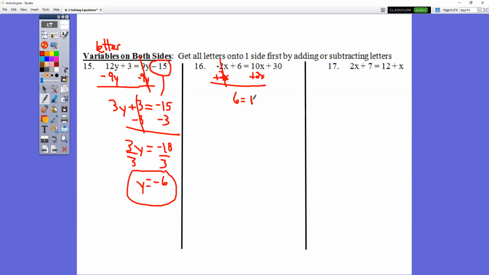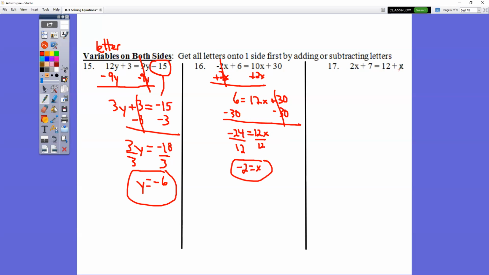So you have 6 equals 12x plus 30. That's just a two-step equation now. It's just written backwards. Minus 30, minus 30. So we have negative 24 equals 12x. Divide by 12, and you have negative 2 equals x.